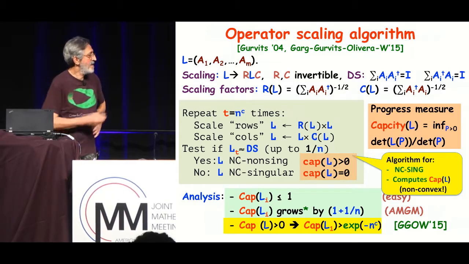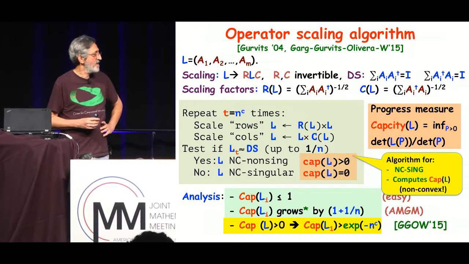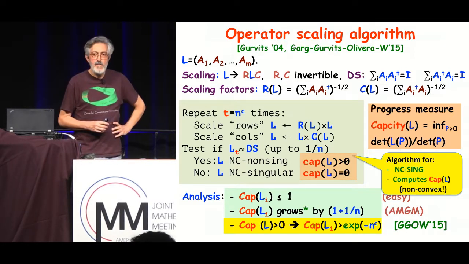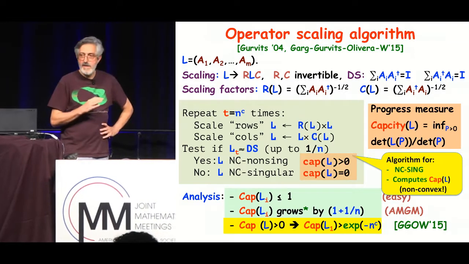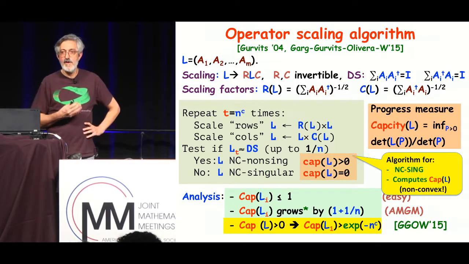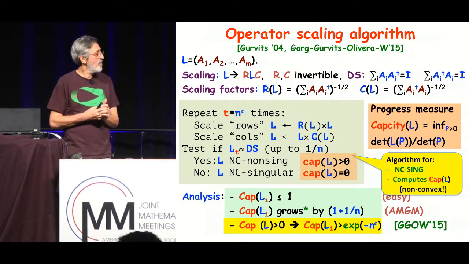Okay, let me just say that this algorithm solves this polynomial time algorithm that I mentioned for non-commutative singularity. And moreover, capacity may not be obvious. It looks like a complex function, and in fact, a complicated function. In fact, it's non-convex.